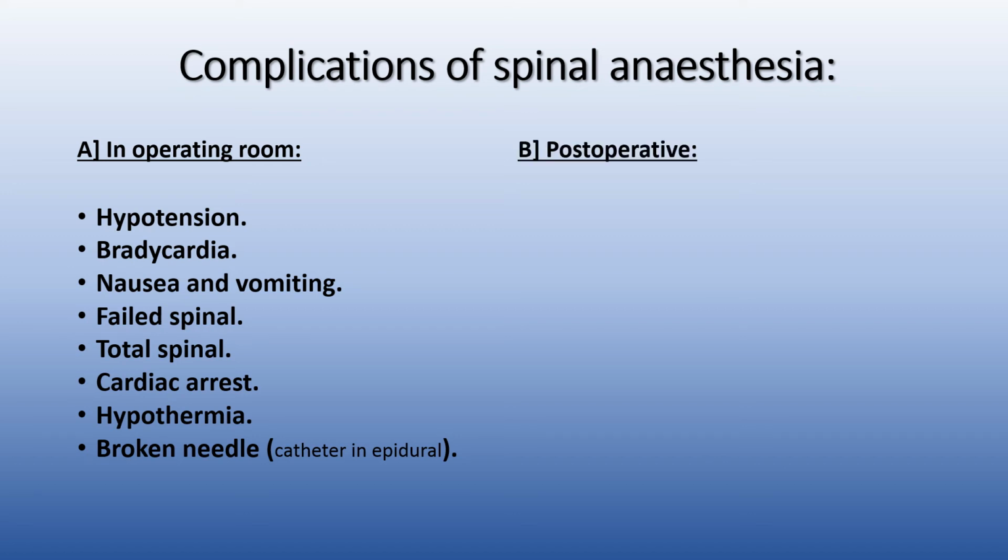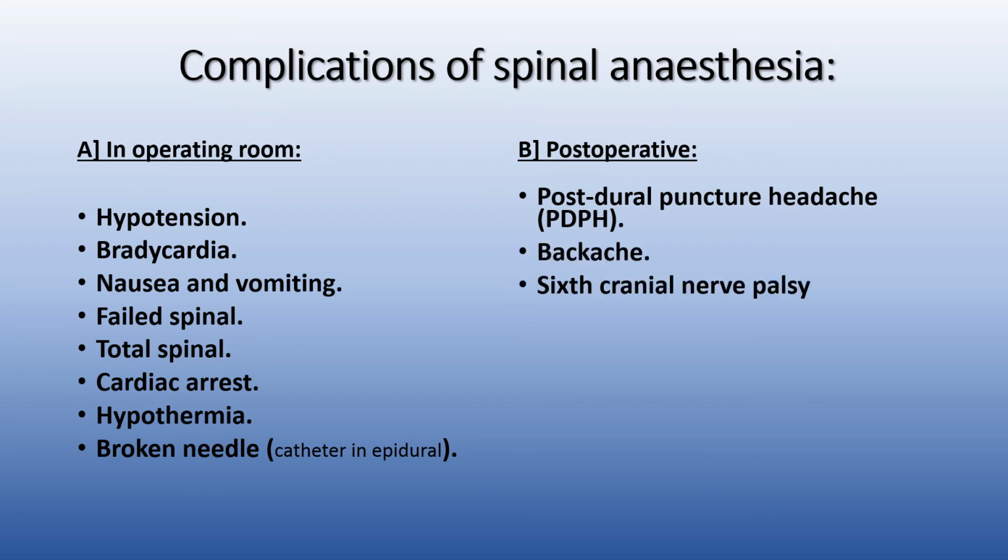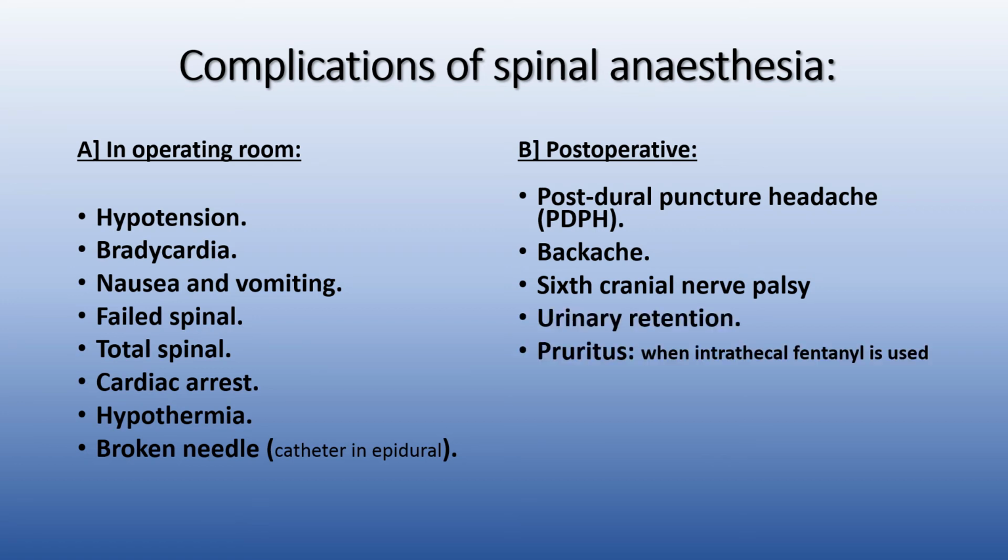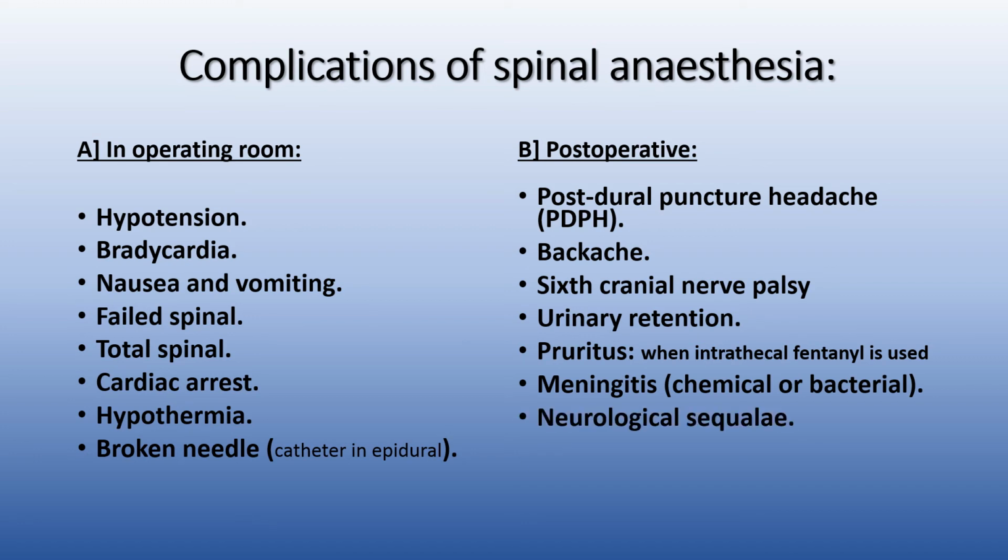While in the post-operative period: post-dural puncture headache, backache, 6th cranial nerve palsy, urine retention, pruritus, but only when opioids are used with the local anesthetic. Meningitis, chemical or bacterial, and neurological sequelae, spinal and epidural hematoma.